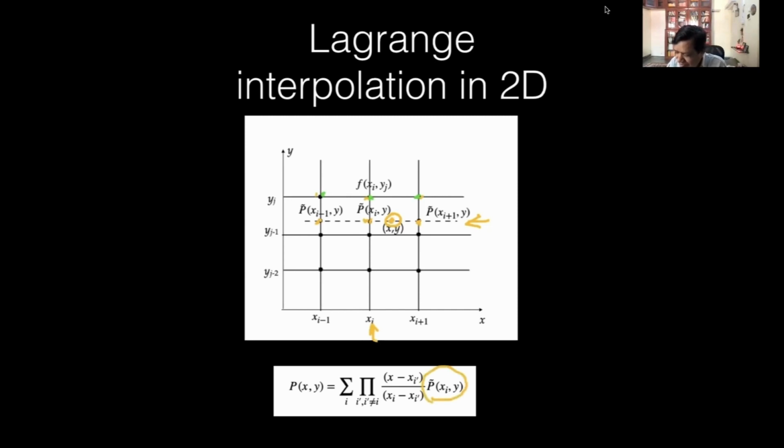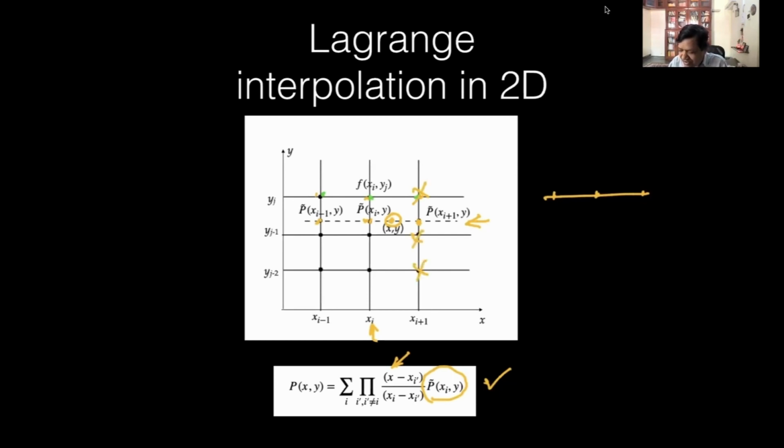Now, given these linear data points here, if for a given y I have the values, then I can interpolate for a given x. So this is the interpolation. I just apply straightforward Lagrange interpolation: the Lagrange polynomial multiplied with the value of the function at given xi. But I don't know the value of the function here, though I know the value of the function at the different grid points here.